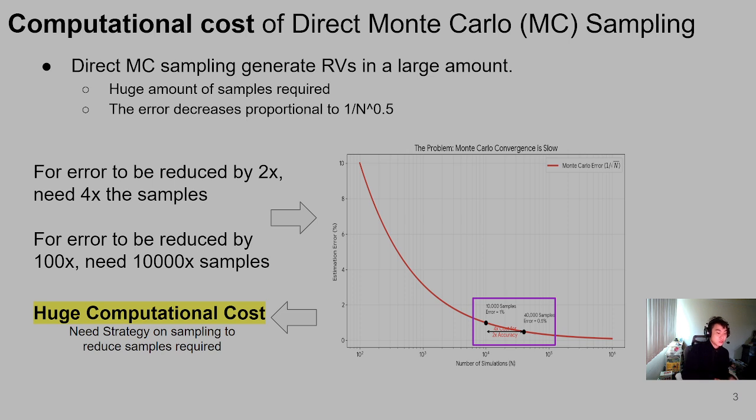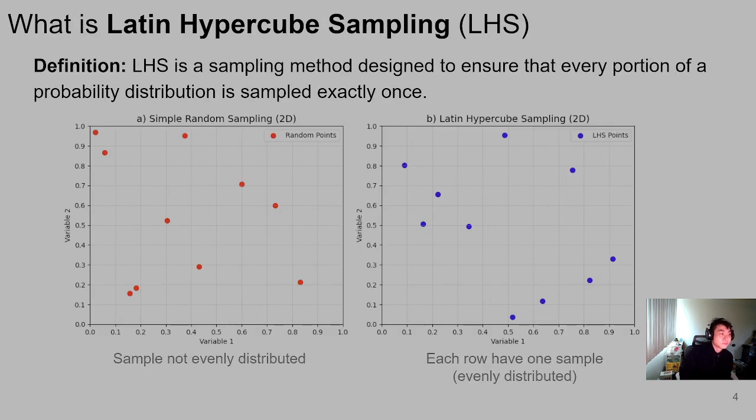And the strategy introduced here is LHS. So what is LHS? Basically, it is a sampling method designed to ensure that every portion of the probability distribution is sampled at least once.